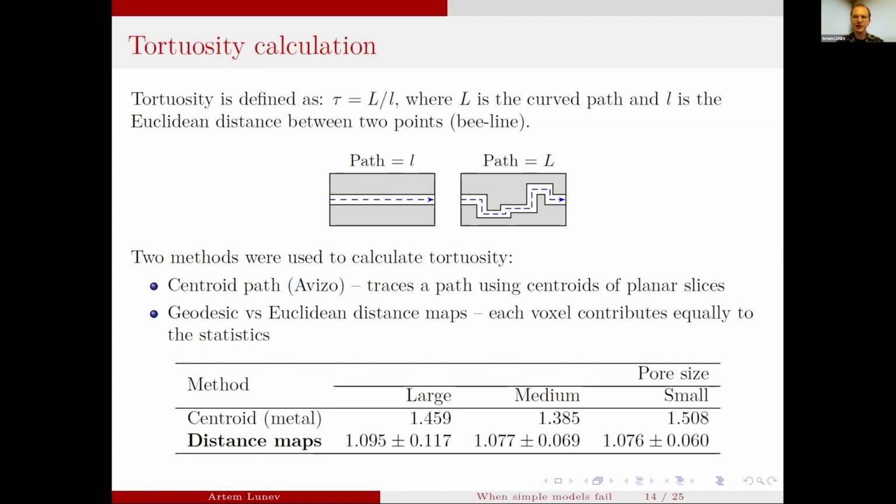So in order to quantify this, we used different methods. For example, the centroid path method available in the Viso, and also the geodesic versus Euclidean distance maps. And we got different results. And it seemed that after comparing those results with our data, these distance maps produced the most reliable tortuosity data that we got.